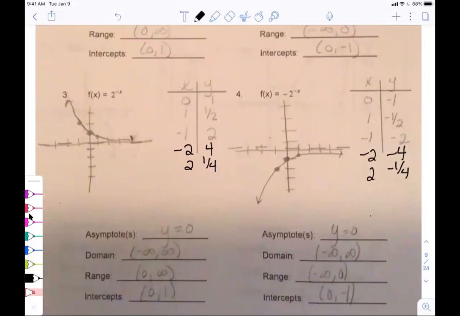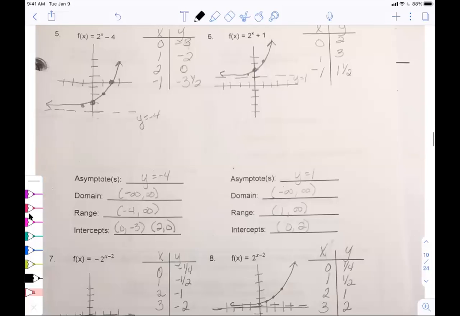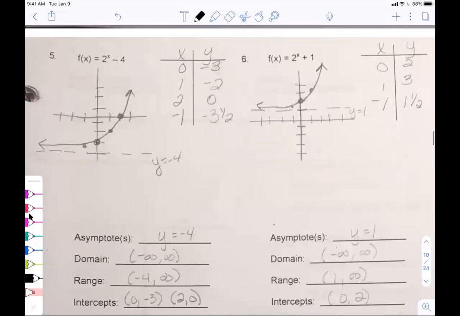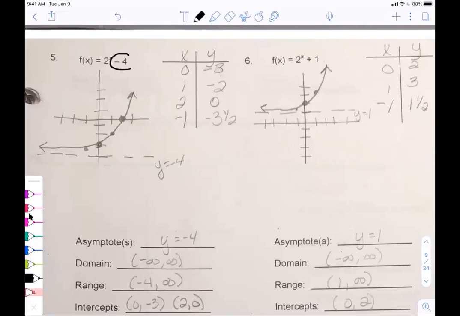So then the other 4 graphs, this picture came out a little better. These graphs did have some shifting to the graph. So if we're looking at number 5 and 6, the -4 and the +1 affects the horizontal asymptote. And it affects it because that's shifting the graph vertically.